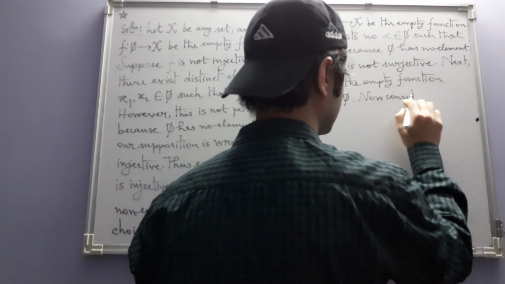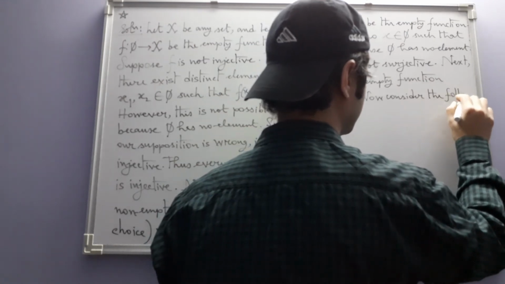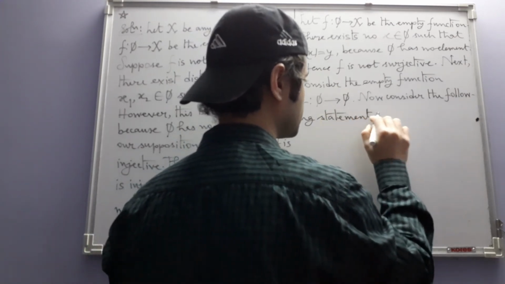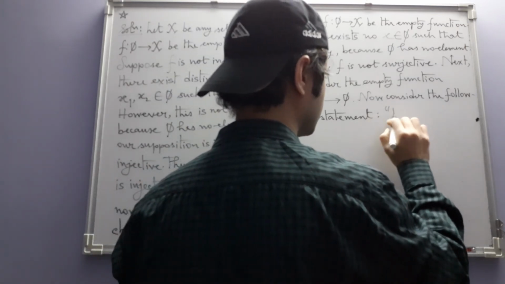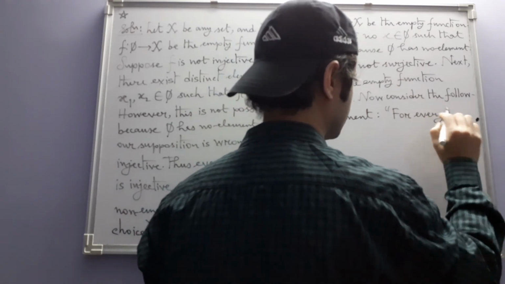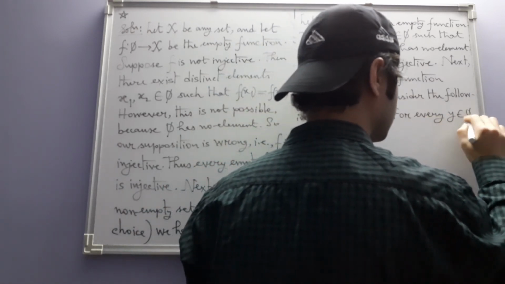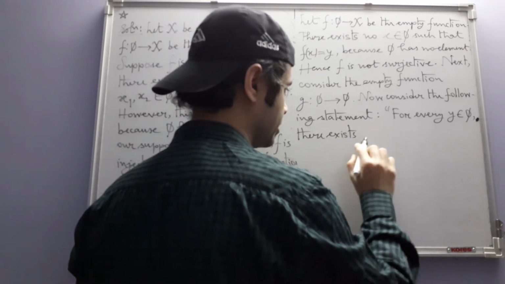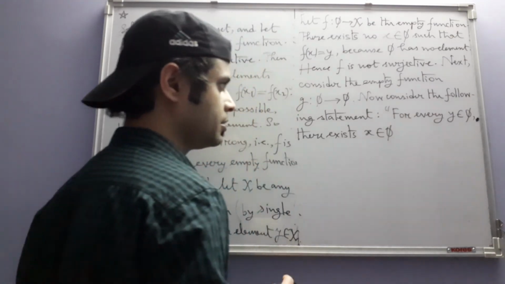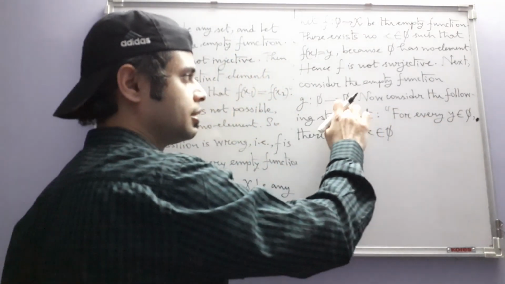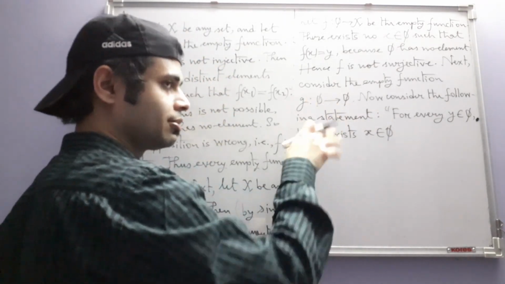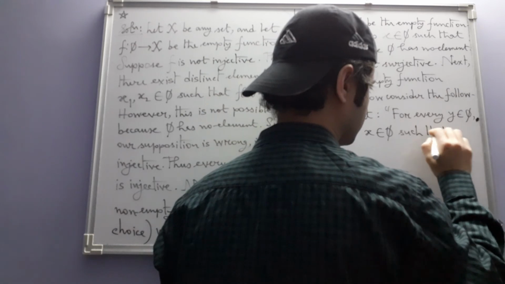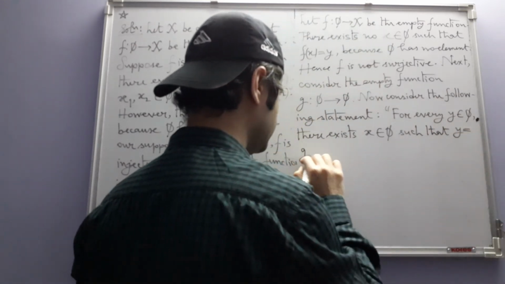Now consider the following statement. For every y belonging to the empty set, there exists some x belonging to the empty set, where this empty set is considered to be the range and this empty set is considered to be the domain, although they are the same thing, but you think of them like this, such that y is equal to g(x).